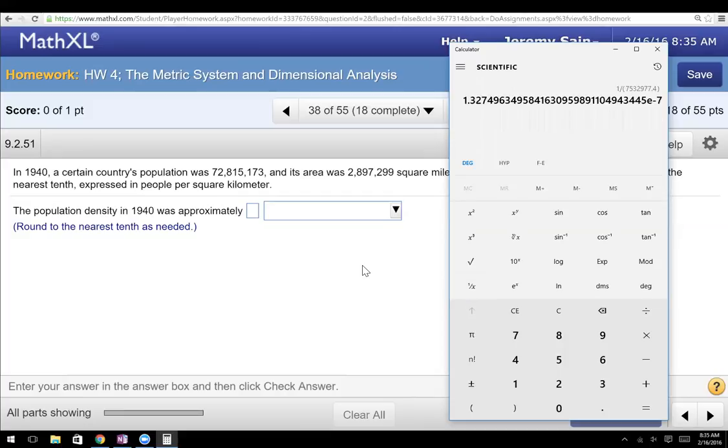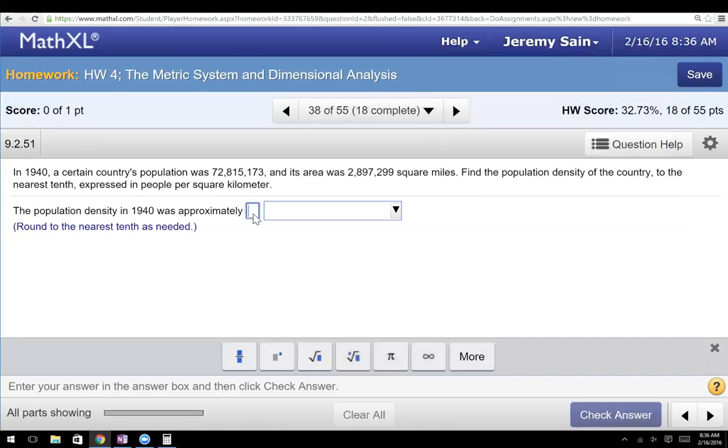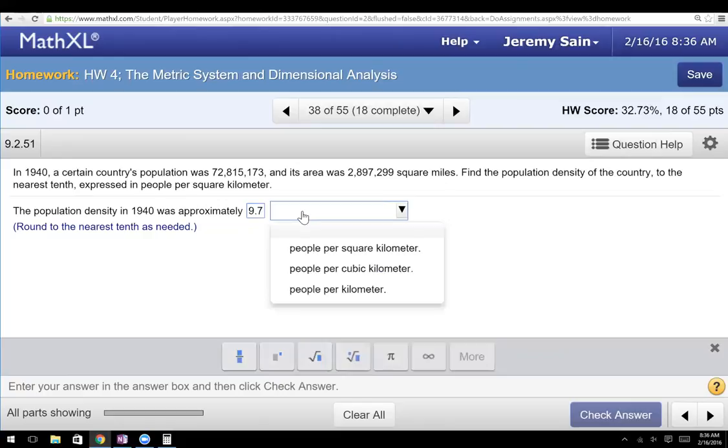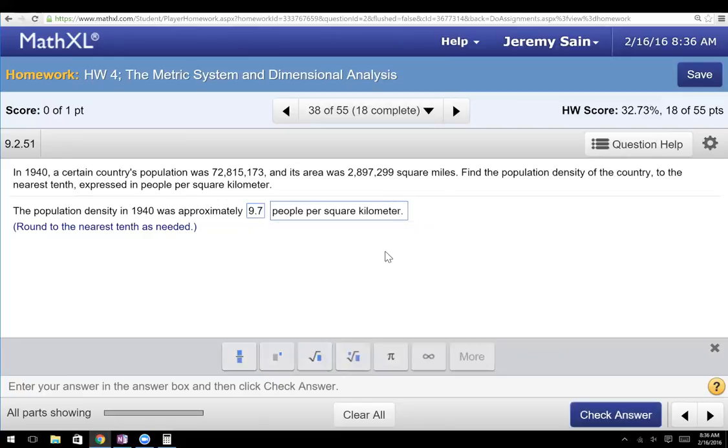So that's what 1 over 7 million is, and then multiply times 72,815,173 is 9, here's the tenth, 9.7. People per square kilometer.